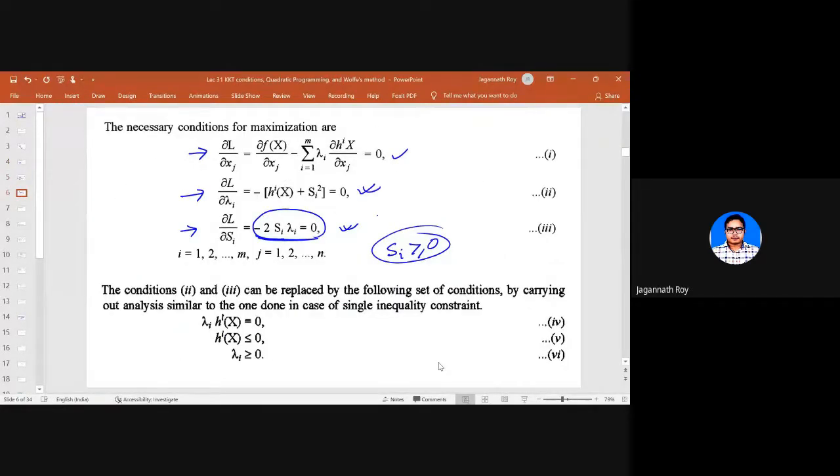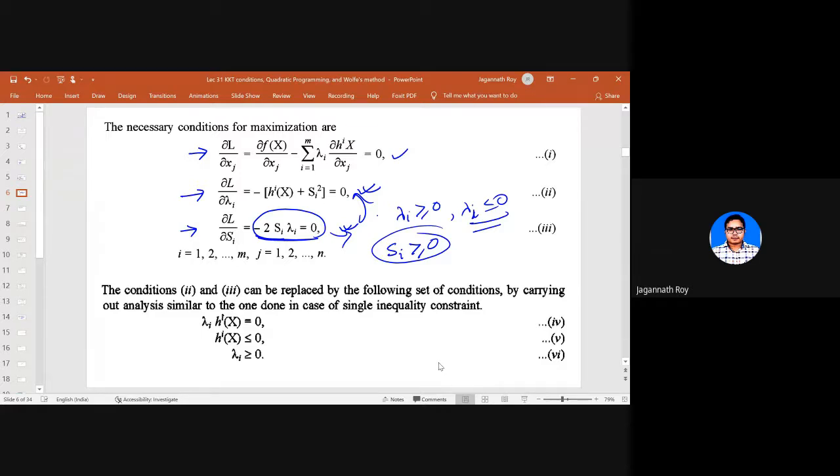So in that case, what do we have to take? Either this lambda i greater than 0 or lambda i less than 0. This can be the case. From this case we go here and do the similar analysis that we have done in the case of one variable, the problem with one constraint.